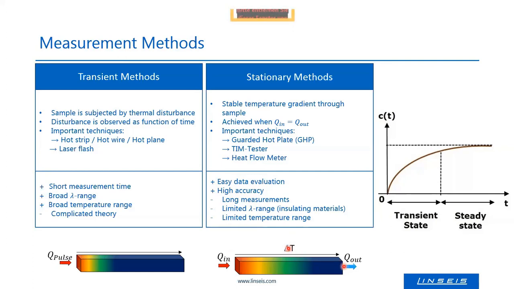So you have to wait until you have a constant delta T. And depending on the samples, it can take hours, or for very low conductors, even some days. The temperature range is limited. That's a disadvantage. And also the lambda range, the range for the thermal conductivity, is limited.